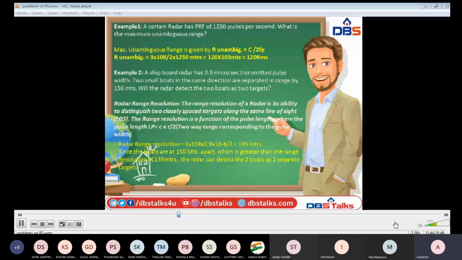Therefore, the radar can detect the two boats as two separate targets. That means if the two targets are within the resolution range, they will be treated as one target. If they exceed the radar resolution range, they will be treated as two separate targets.